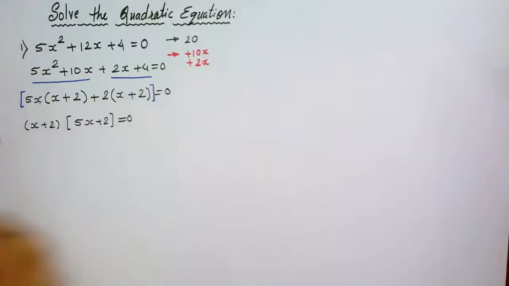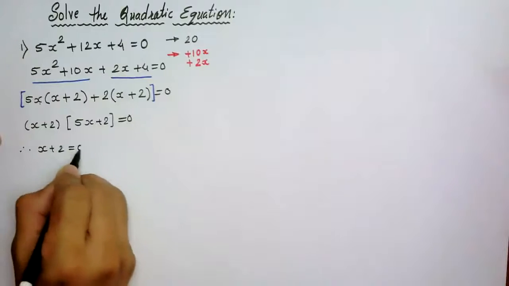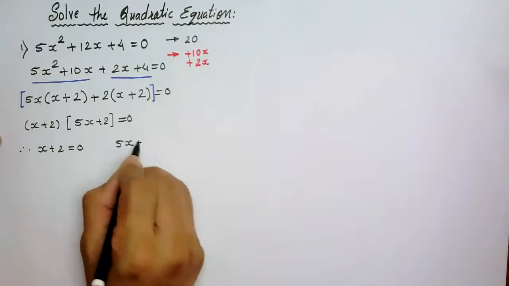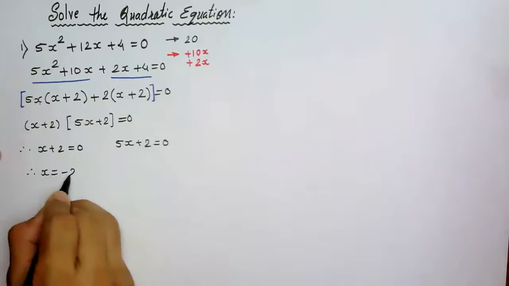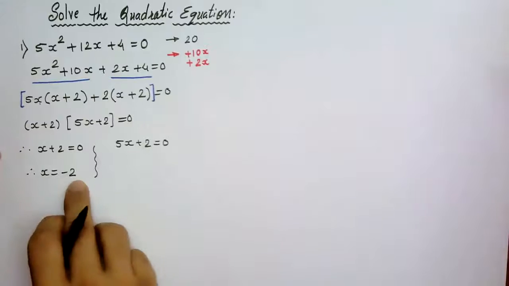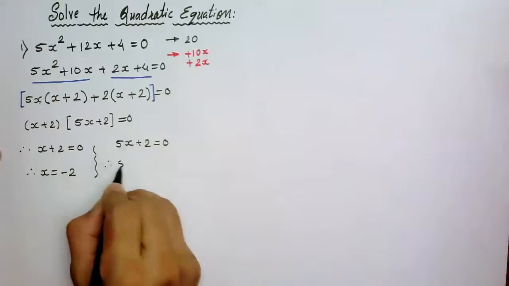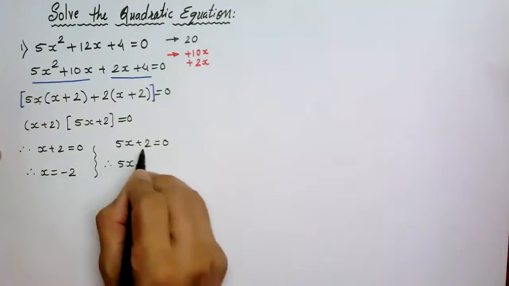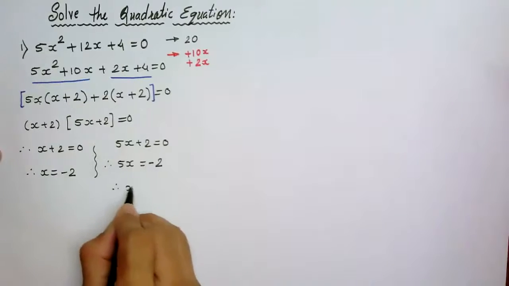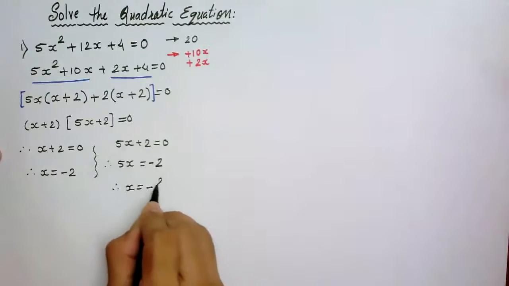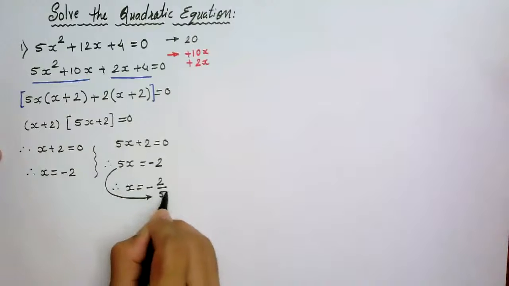So now this first bracket is equal to 0, or the second bracket is equal to 0. This plus 2 will become minus 2. I have just rearranged it. Over here, by rearrangement, I will get 5x. As this plus 2 is moving to the right hand side, it becomes minus 2. So x is equal to minus 2 upon 5; the 5 will come in the denominator over here.